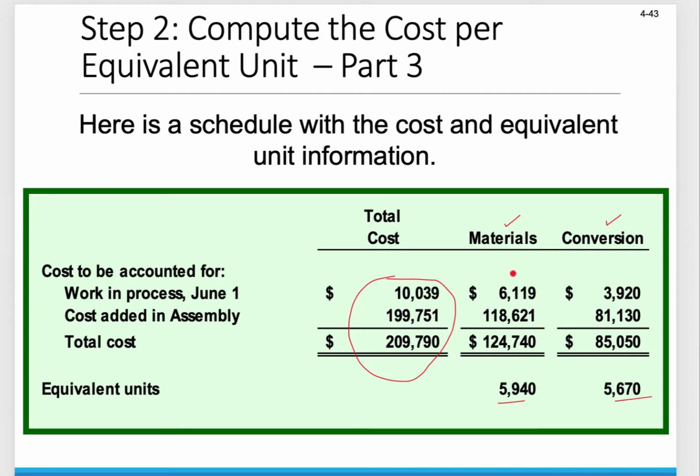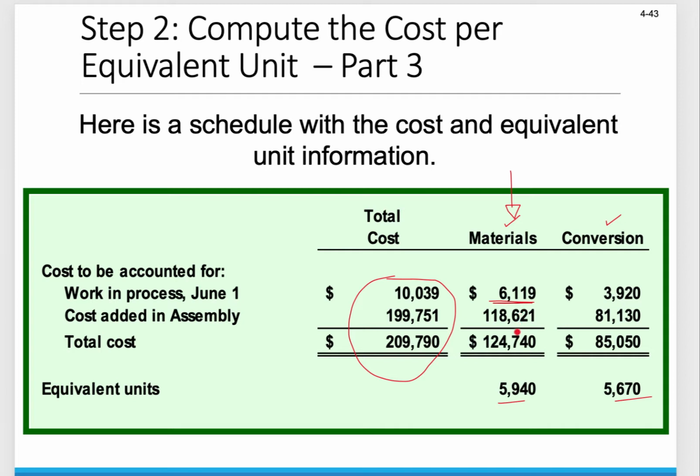So again, that formula said, hey, you take the cost of beginning WIP, which we have right here with respect to material. We're going to look right here first. With respect to material, it's $6,119. Then you add the cost added during the period.